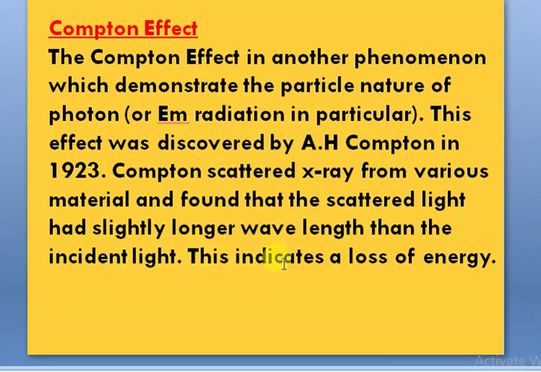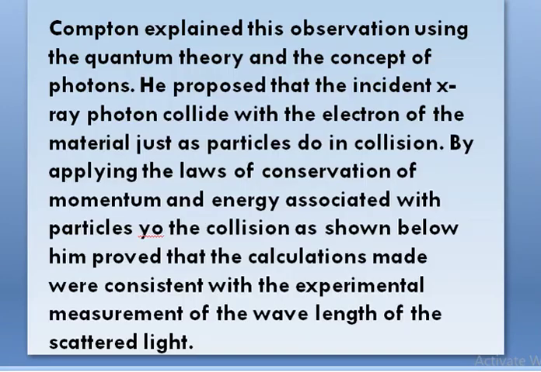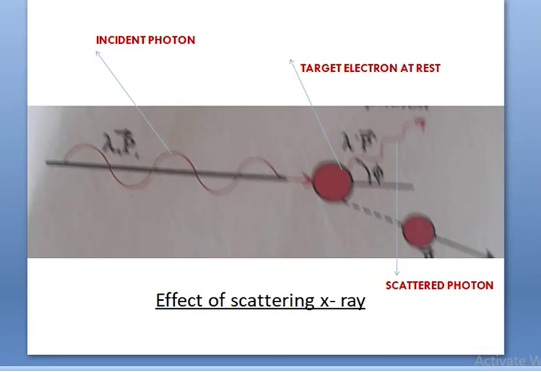So in that case, there is a loss of energy in form of what? Photon. Now let's see the diagram. What Compton did, here you have a target electron, there is an incident light.